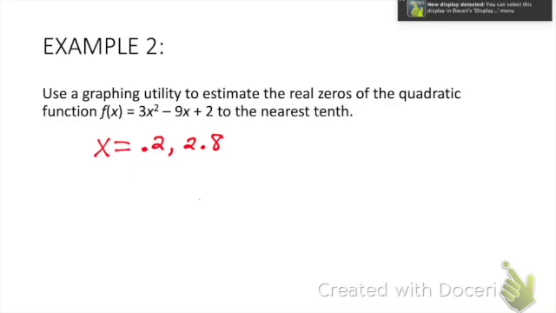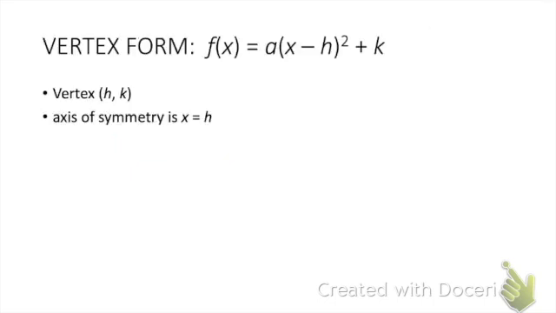Okay, so now we're going to move to what's called vertex form, which is all of our completing the square stuff. If you remember from last year, the reason we like vertex form is that when we think about all of our transformation movements of parent graphs, if I have a quadratic in vertex form, I can easily graph it using the concepts of transformations that we had before.